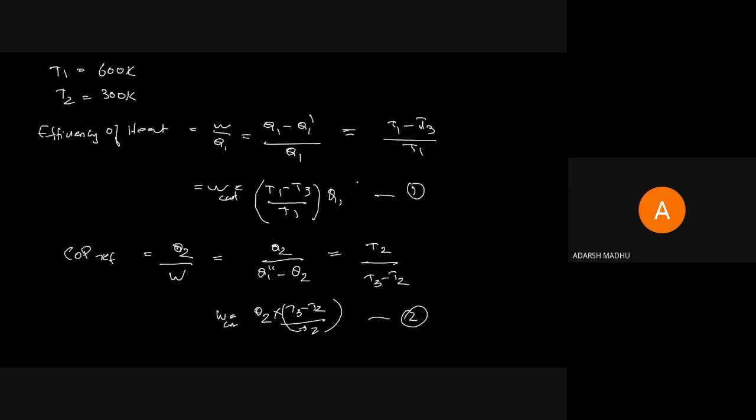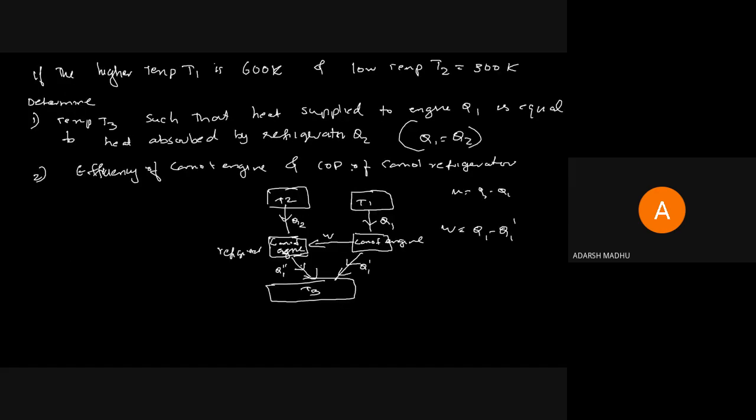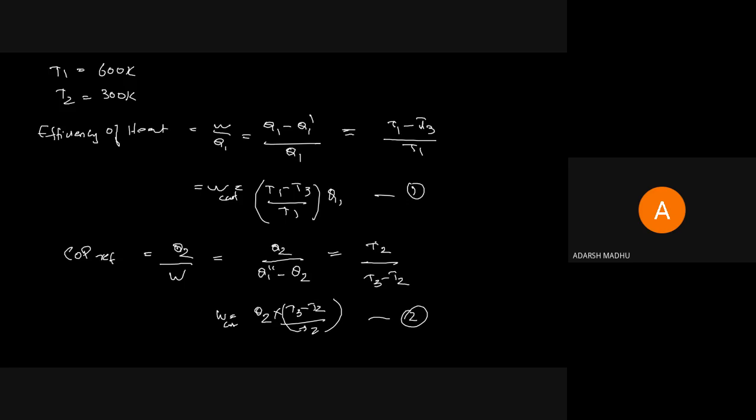We know that the efficiency of a heat engine is W by Q1, where W is Q1 minus Q2. Here it is Q1 minus Q1 dash, and Q2 is for the refrigerator at T2. So Q1 minus Q1 dash by Q1 can be written as T1 minus T3 by T1.